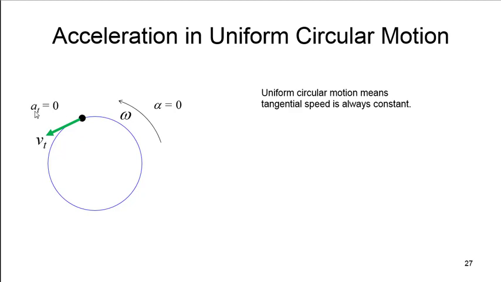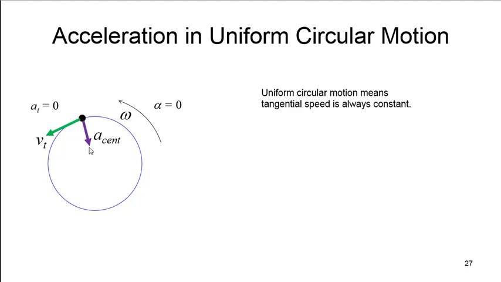It's not accelerating tangentially. It's not accelerating in terms of its angular acceleration, but it's going to accelerate towards the center of the circle. Notice how this acceleration is perpendicular to this velocity vector here. That means that whenever your acceleration is perpendicular to the direction that you're moving in, you will turn.